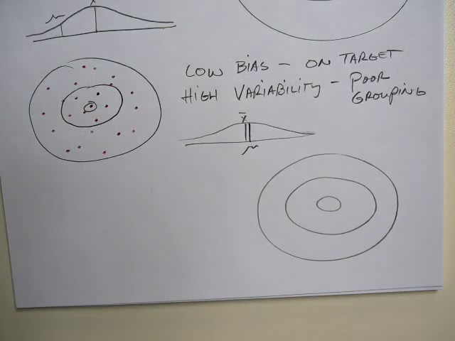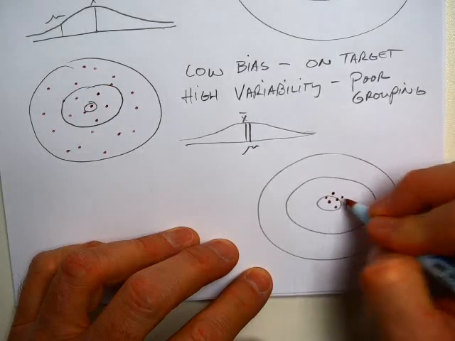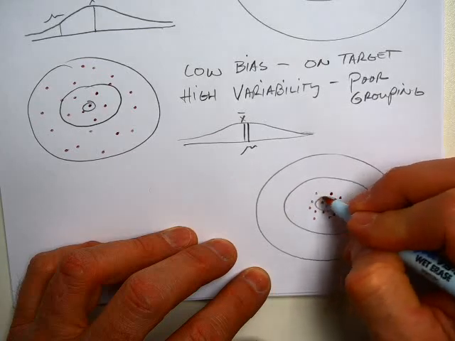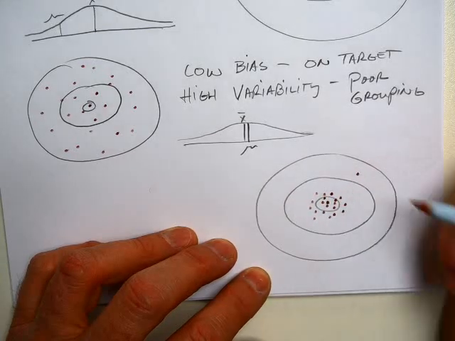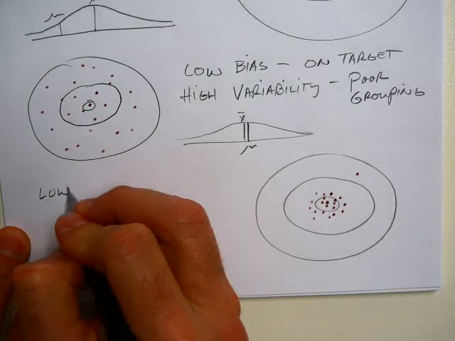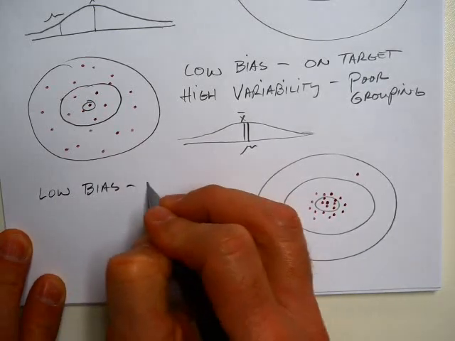I've asked my question, and I've got something that looks like this. And maybe I still have an oddball out there somewhere, but not so much so. So this would be a low bias. We're on target.